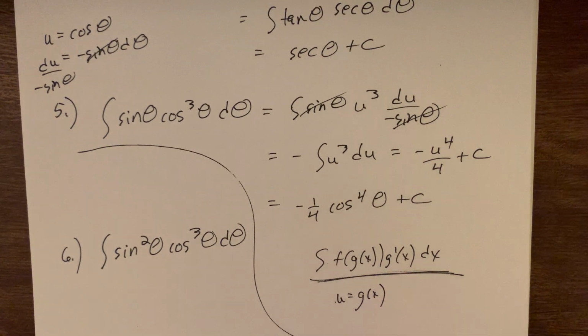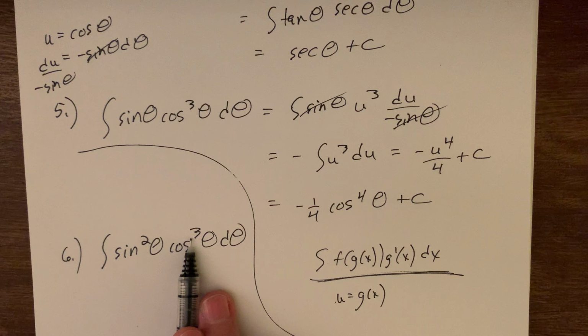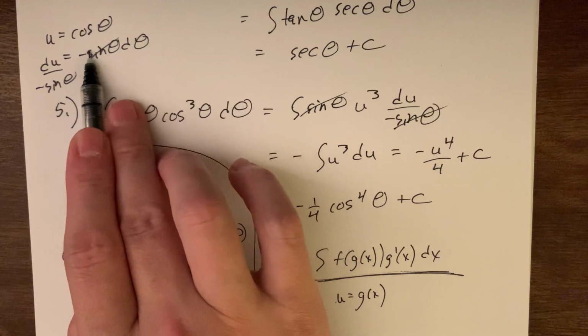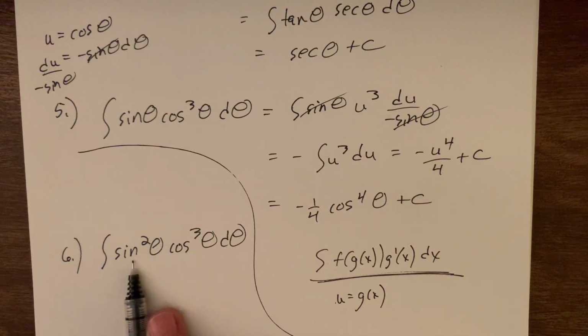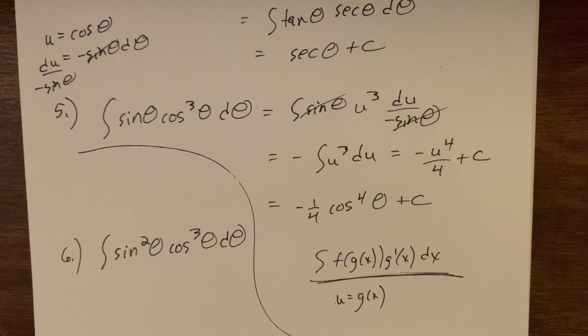Because now, if you go too quickly, you can make the mistake and say, well, if u is sine, the derivative is cosine. But you don't just have one cosine here, you have 3 cosines. And vice versa, if u is cosine like we did up here, well, the derivative is sine, but only one sine cancels. You need all the other functions to cancel. So how do we make this one work?